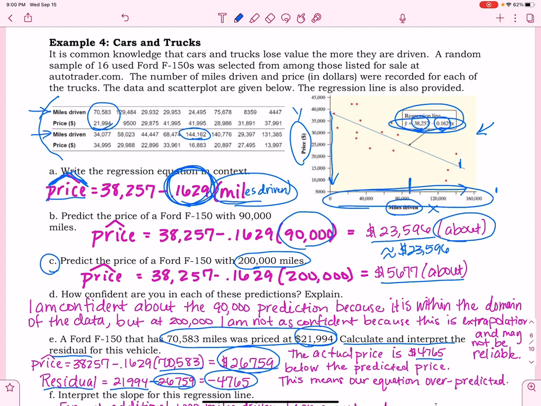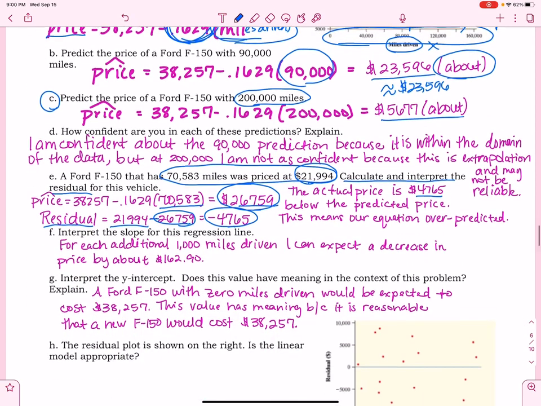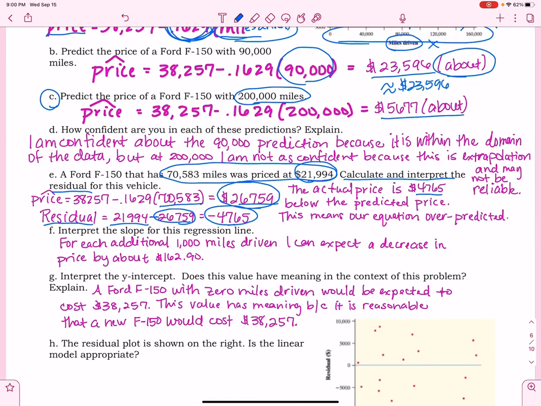Well, we don't talk about dollars like that. So in order to make this a little bit easier to understand and help it make more sense, rather than talking about 1 unit of miles driven, I'm going to talk about it in 1,000. And that just means that that decimal will now change to 162.9, which $162 makes a little bit more sense to us. So for each additional 1,000 miles driven, I can expect a decrease in price by about $162.90.